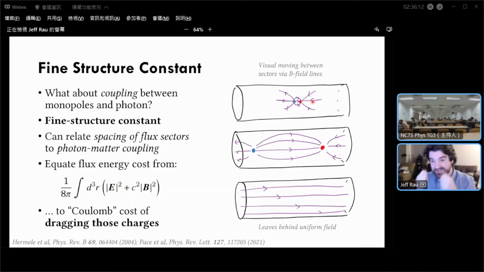These things interact with some Coulomb interaction, and so you can compute the work needed to drag them through the periodic boundaries. The first part only depends on things like the speed of light, the stuff that appears in this electromagnetic Hamiltonian, but the energy to separate these charges depends on the coupling of these charges to the electromagnetic field. So by viewing this process in two different ways, you can relate the energy of these flux sectors to the coupling constant of the matter to the photons.